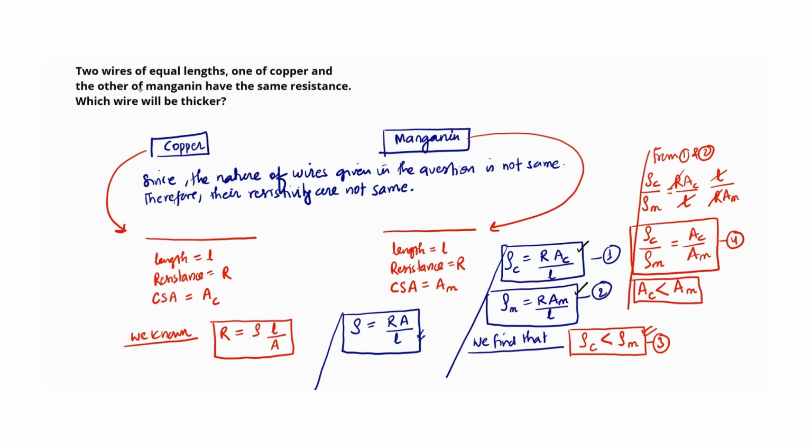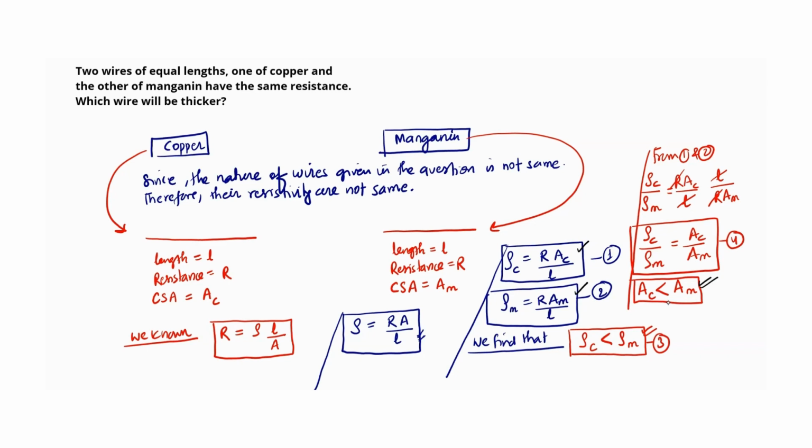Since we are asked to find which wire is thicker, we find resistivity is directly proportional to the area of cross section of the wire. So from 1 and 2, we can show directly that the area of cross section for copper is less than the area of cross section for manganin. Or we can simply compare relations 3 and 4 and we get this result.